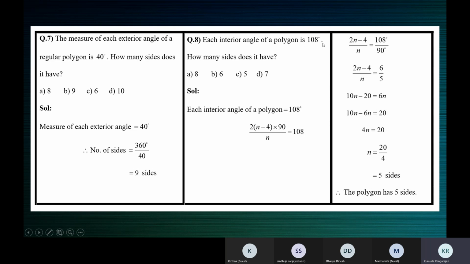So 180 minus 108 is 72 degrees. So the measure of each exterior angle is 72. And what's the formula to find the measure of each exterior angle?